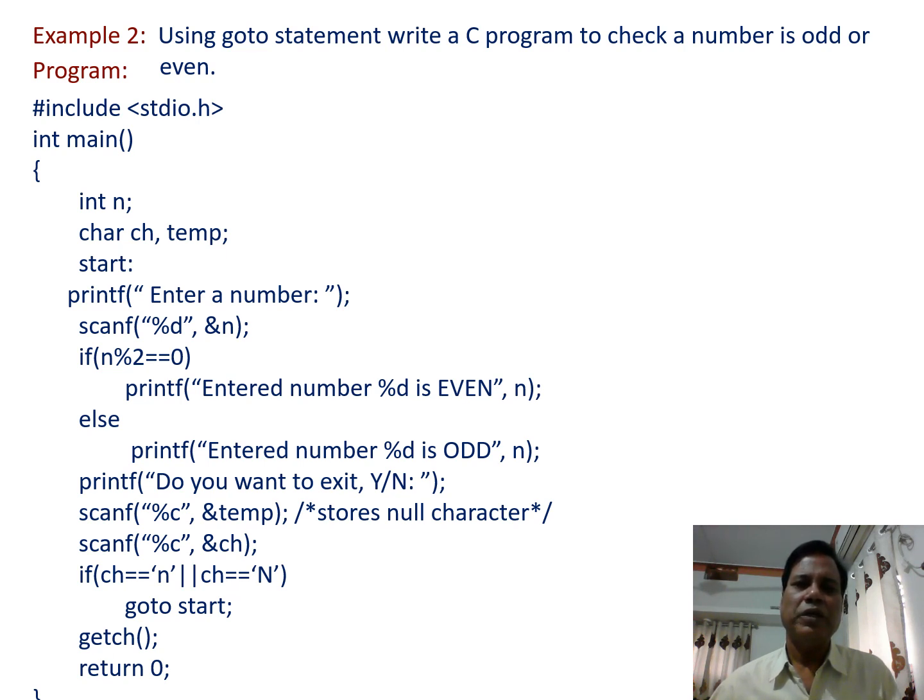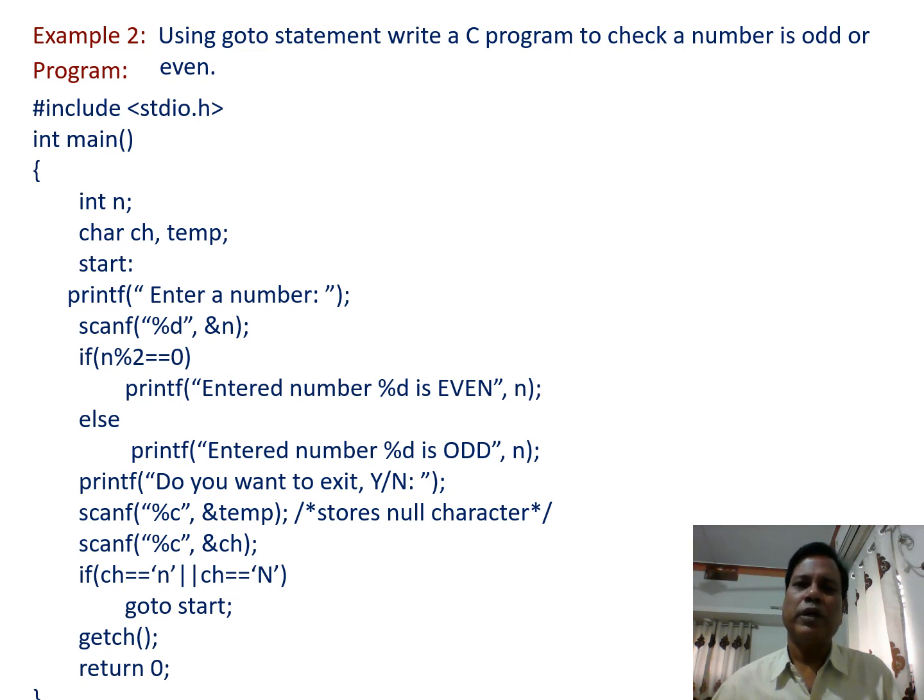Then start colon. This start is the name of the label where control is to be transferred from the goto statement. The next statement is printf enter a number. This is the message that is printed on the output screen for the user's response.